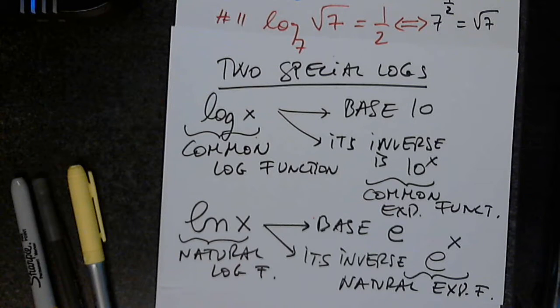These two functions are inverses of each other. So second and log will give us 10 to the x, and just log x is the inverse function. So 10 to the x and log x.